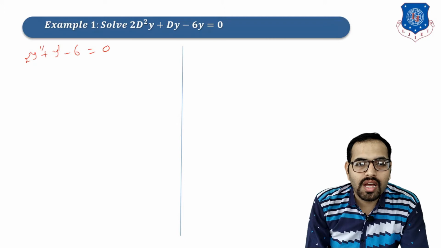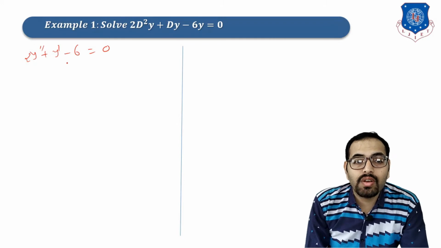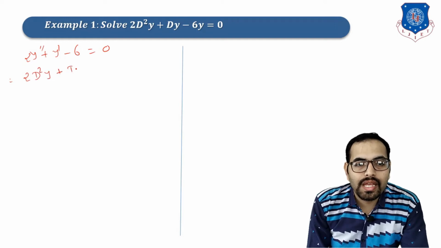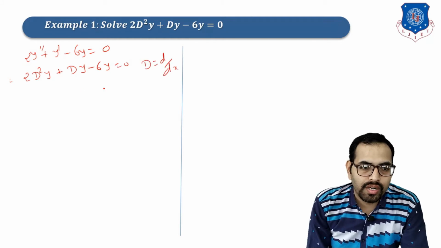In a university exam, the question may be asked in this form. Then firstly, what we have to do is rewrite the equation in terms of the operator: 2D square y plus Dy minus 6y is equal to 0, where capital D equal to d by dx, that is our differential operator.